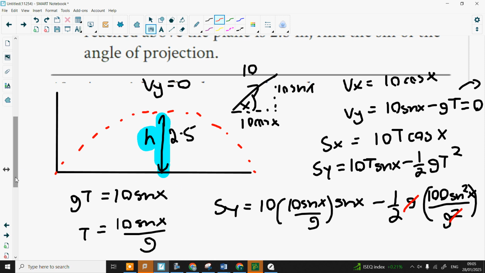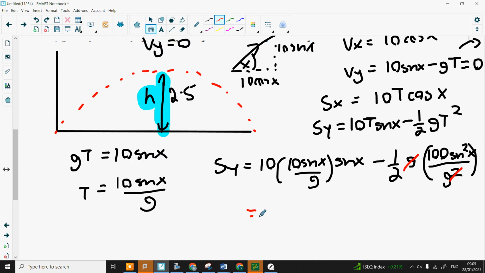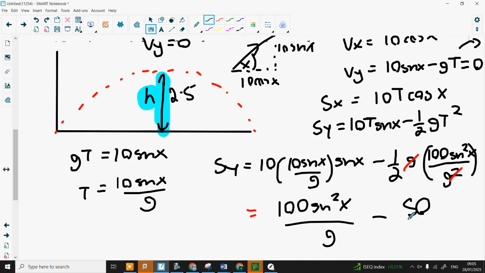They cancel, don't they? And I should get 100 sine squared X over G, take away, what are we thinking? 50. I think I did something wrong here. Or maybe not.